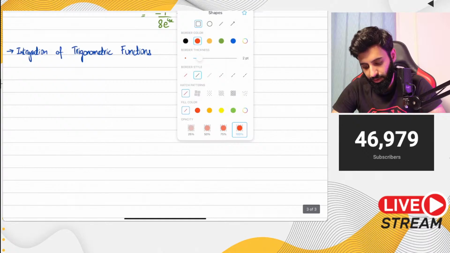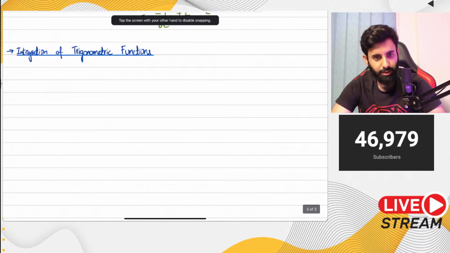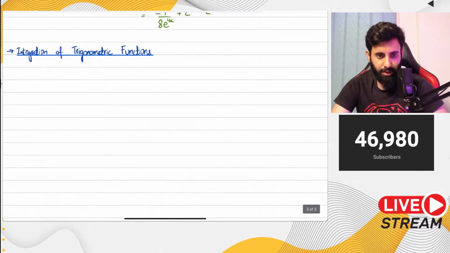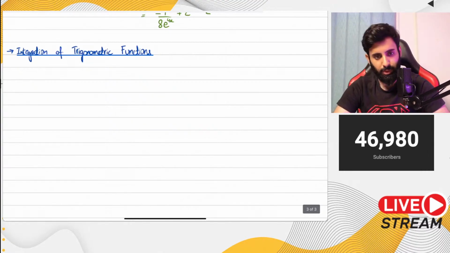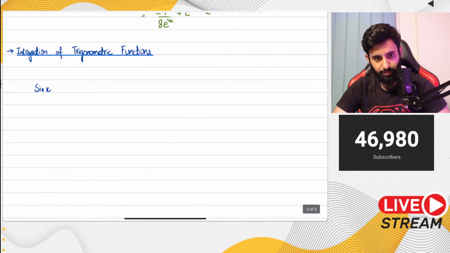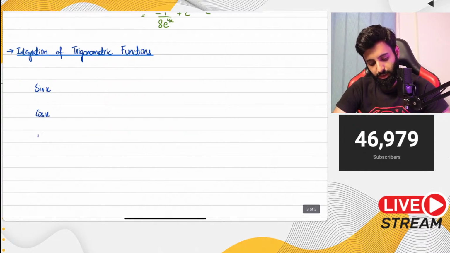There are 3 trigonometric functions that we need to know the integration of: sine and cos mainly, but it's also important to know how to integrate sec square x. Before we learn how to integrate them, let's recap their differentiation. So like I said, sine x, cos x, and tan x.